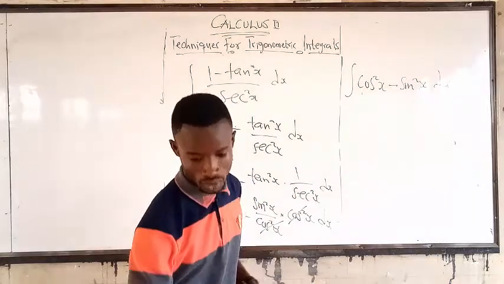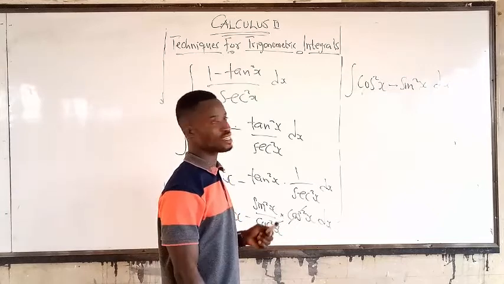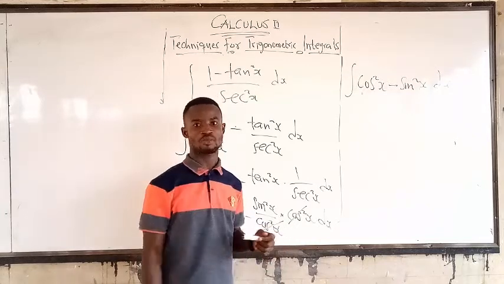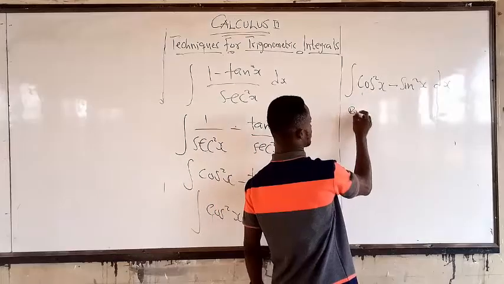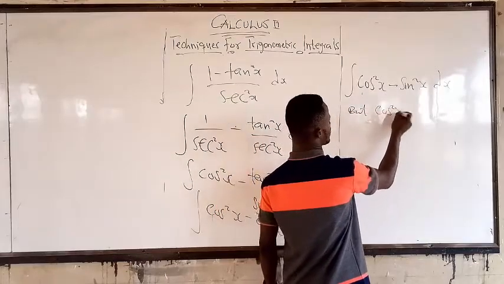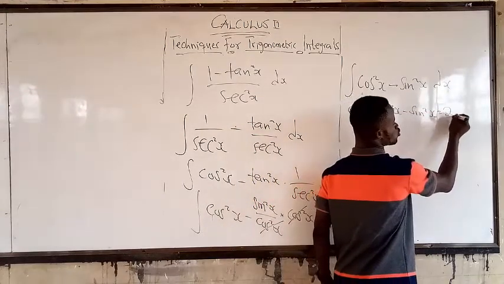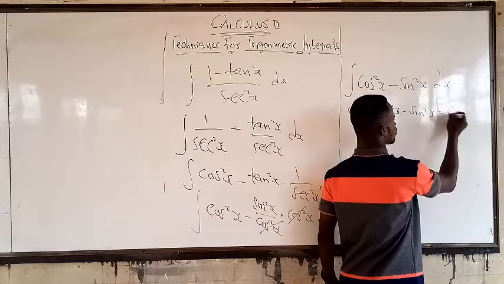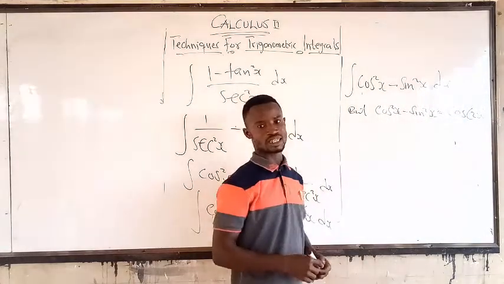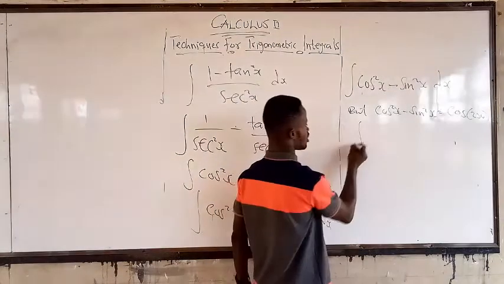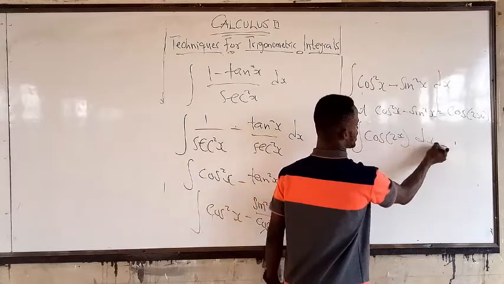So you can see now that what we have here resembles a trigonometric identity of a double angle, cos square x minus sine square x, which is equal to cos 2x. So since this is the same as cos 2x, by substitution we get cos 2x dx.